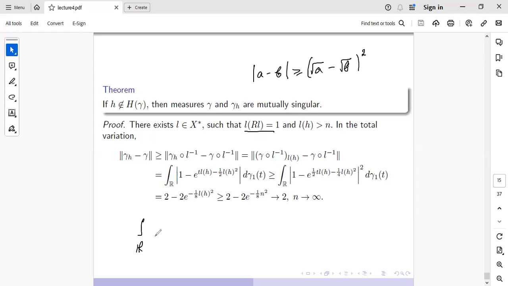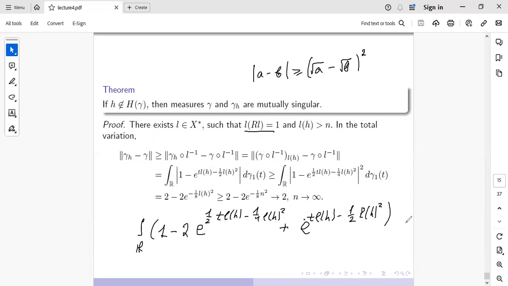It will be the integral of 1 minus 2 exponent (1/2 t L(h) minus 1/4 L(h)^2) plus exponent squared, and half L(h) squared.